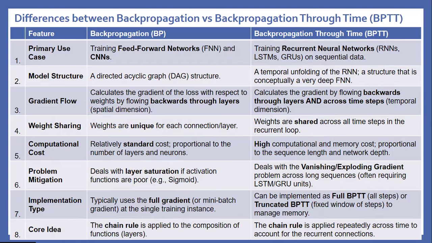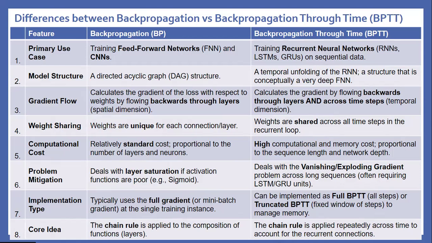Model structure: backpropagation works on a directed acyclic graph, DAG structure. Backpropagation through time works on a temporal unfolding of the RNN, a structure that is conceptually a very deep FNN.